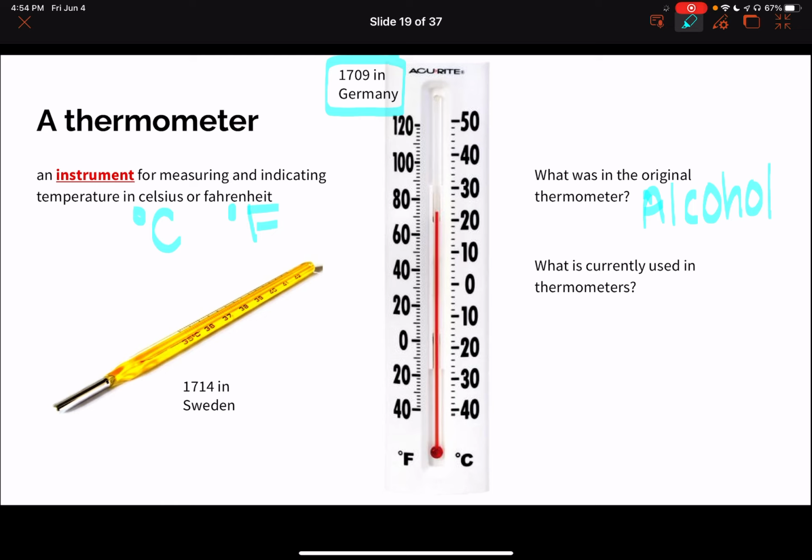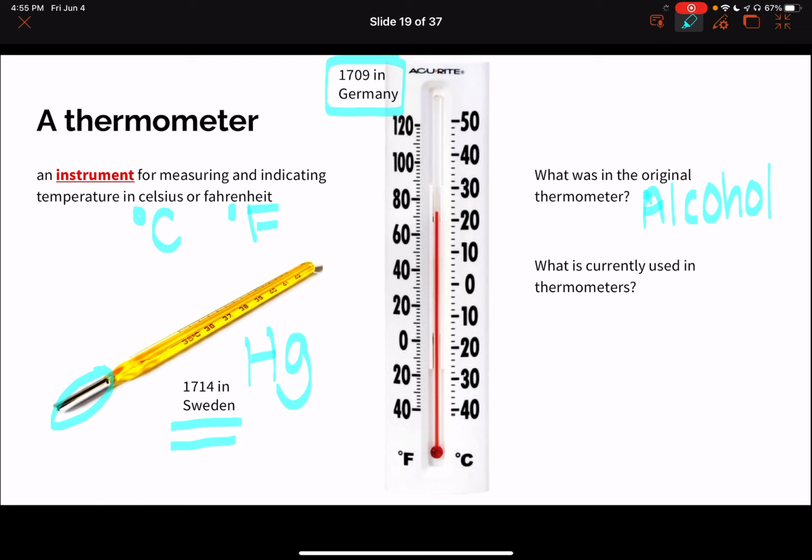Now, it doesn't discount that most people think that thermometers have mercury in them, because in 1714 the standard for science was to have these mercury-filled thermometers. Up until about 2000, mercury was used for scientific thermometers. Our school even had these thermometers with mercury in them.